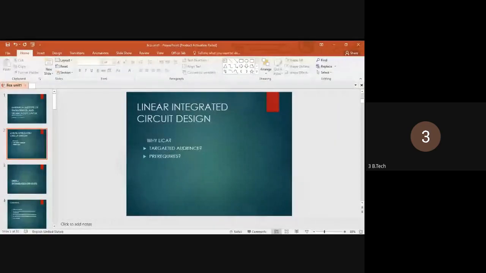In a BJT, current flows because of minority carriers as well as majority carriers, but in a FET current flows only because of majority carriers. So there are a lot of advantages of FETs over BJTs.